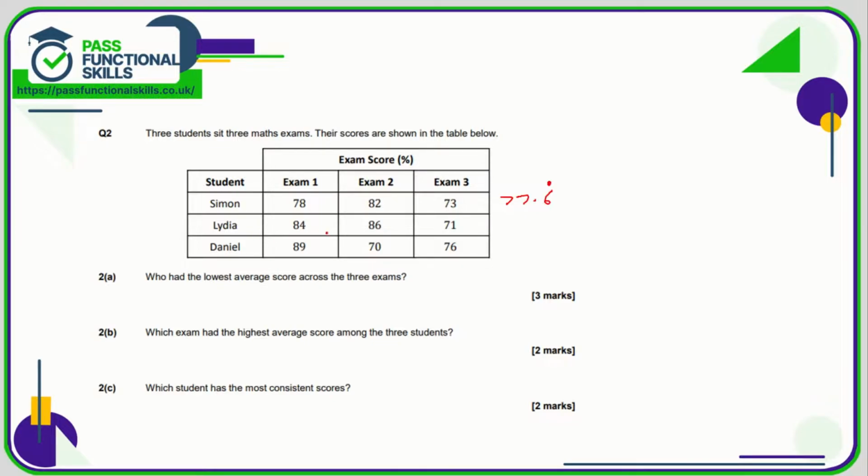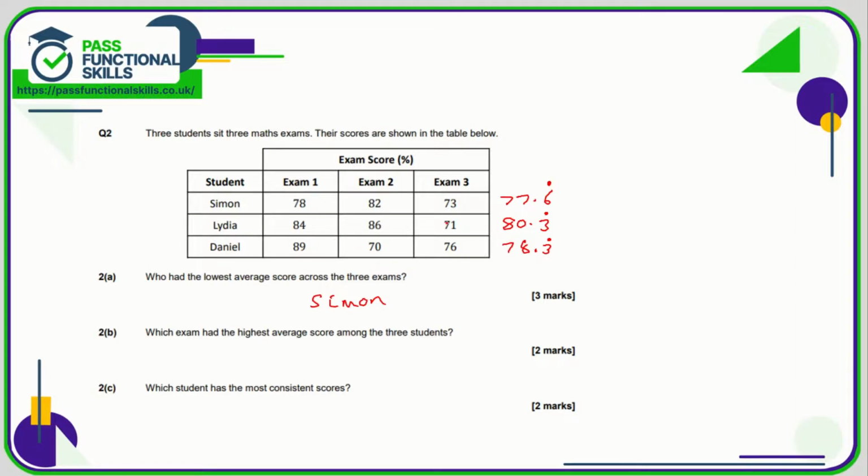For Lydia, exactly the same technique, 84 plus 86 plus 71, add those together and divide by 3, you get 80.3 recurring. And for Daniel, 89 plus 70 plus 76 and divide that by 3, and we get 78.3 recurring. So the lowest average score is clearly Simon, as he got 77.6 recurring, which was lower than any of the other 2 values.